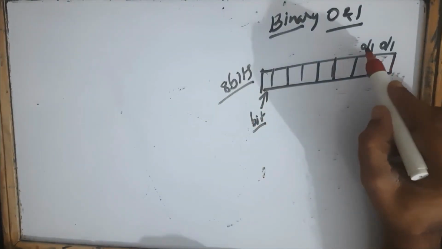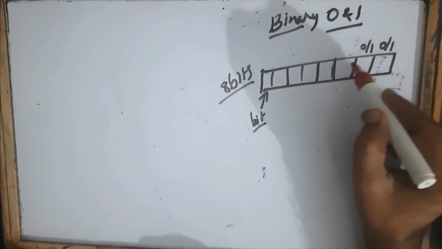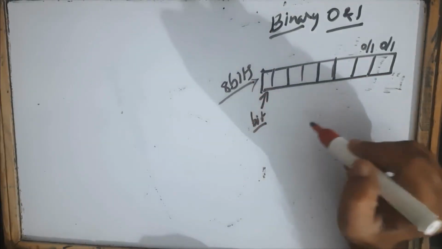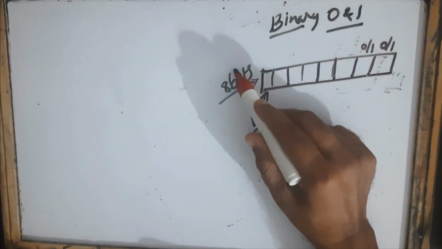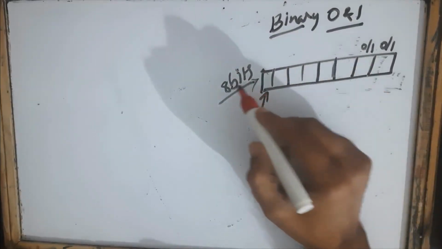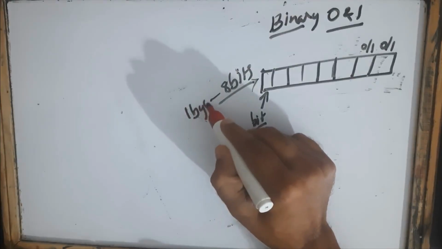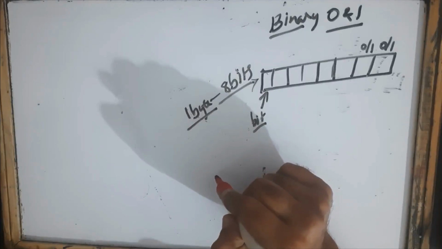So each bit can be either 0 or 1. Based on the 0 and 1 positions, we calculate the total of this and find the decimal number. Why 8 bits? Because 8 bits means 1 byte.